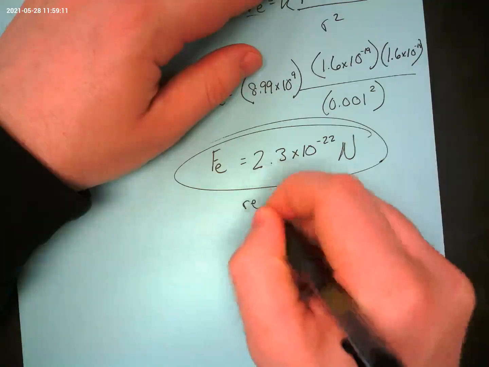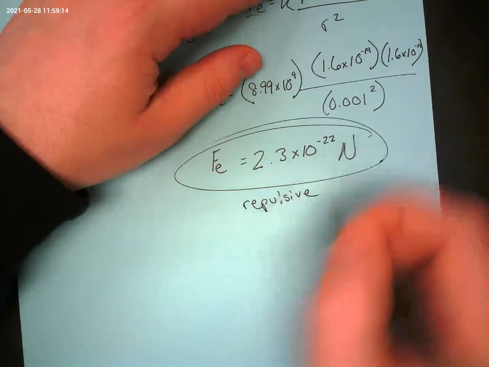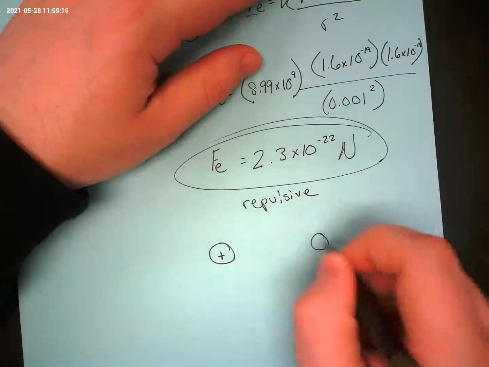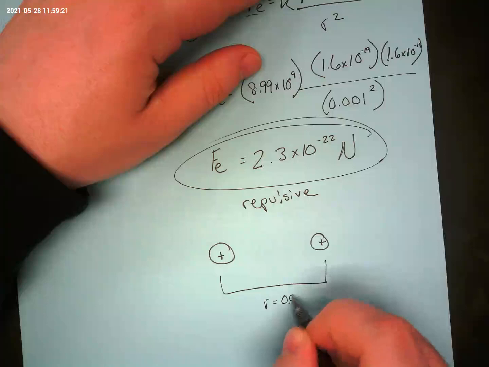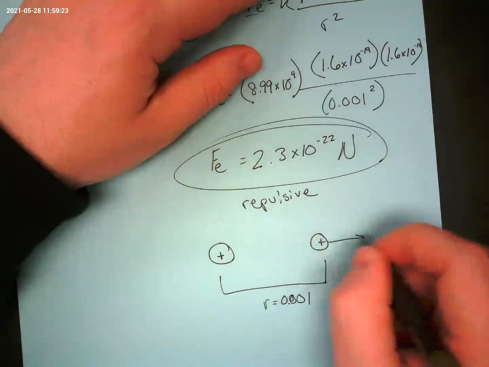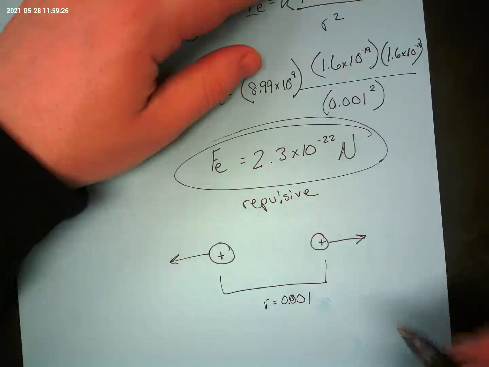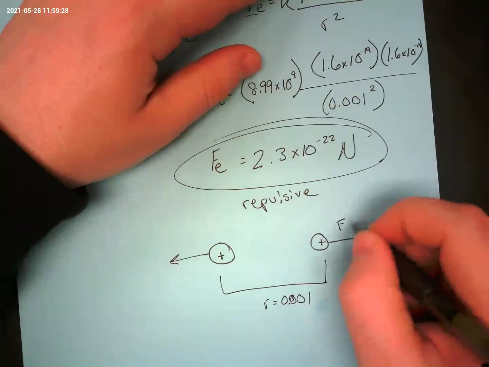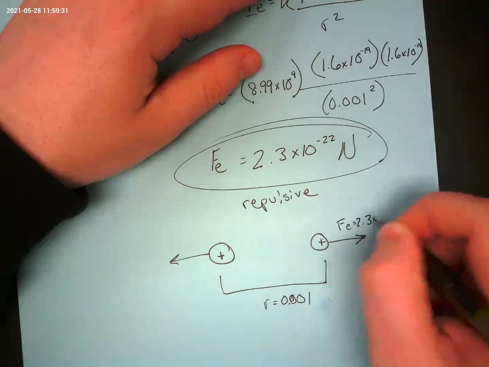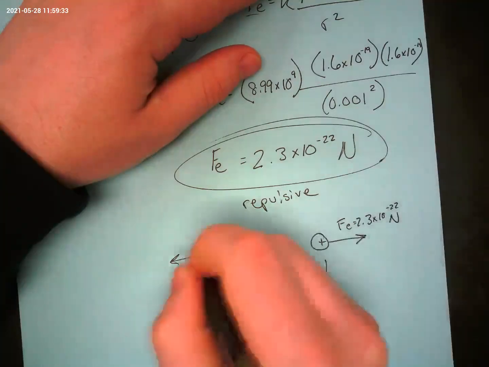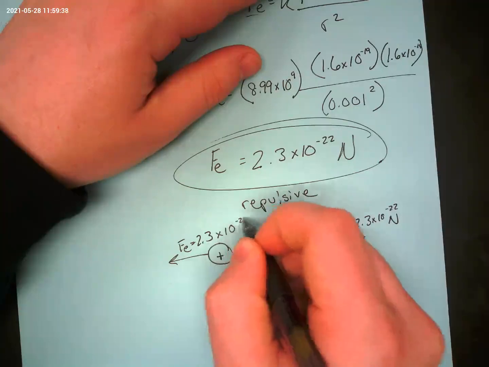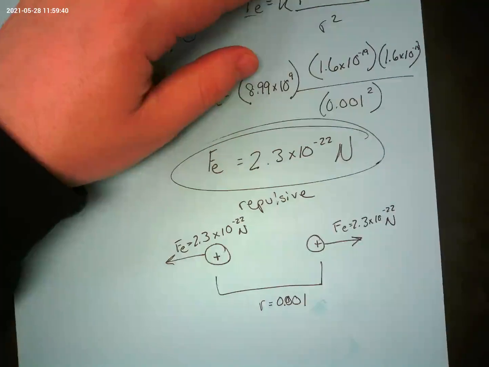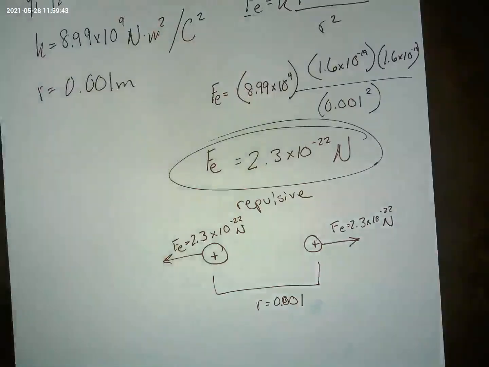So if we had a proton here and a proton here, separated by R, which is 0.001 meters, there's going to be a repulsion force between these two of roughly 2.3 times 10 to the negative 22nd newtons on each. Okay, so that's what we just figured: the electrical force between these two protons.